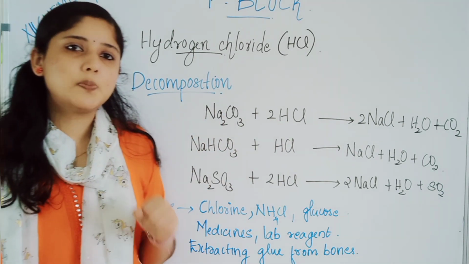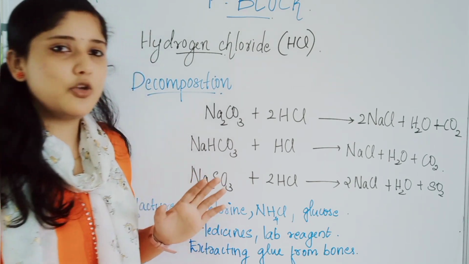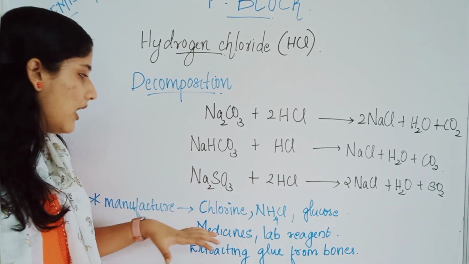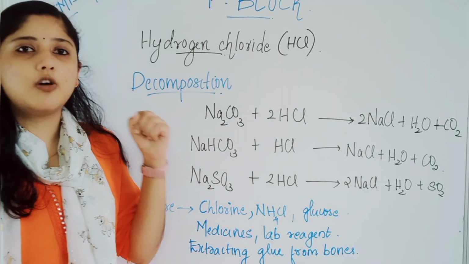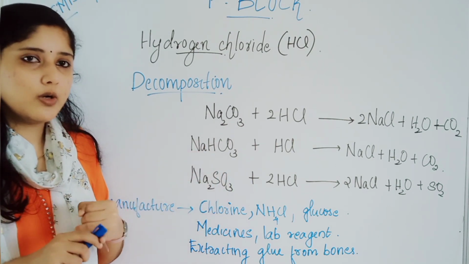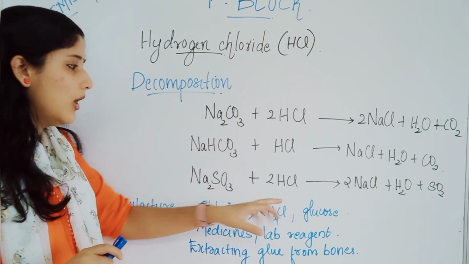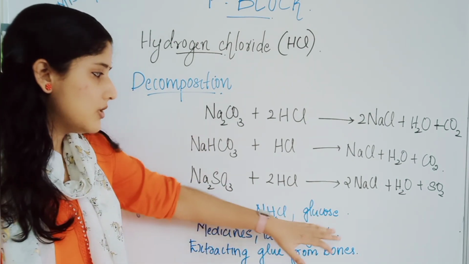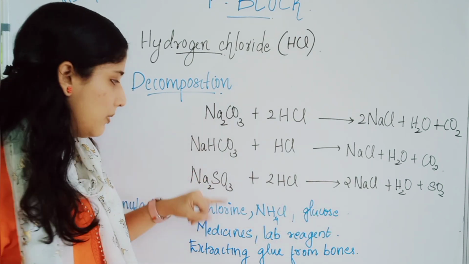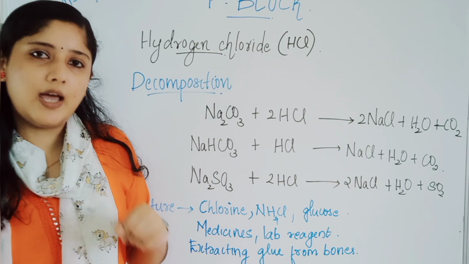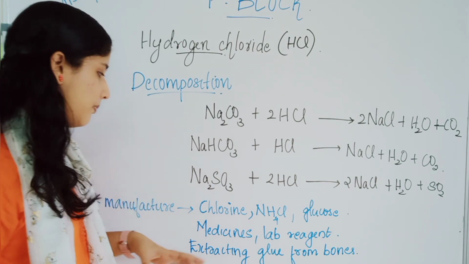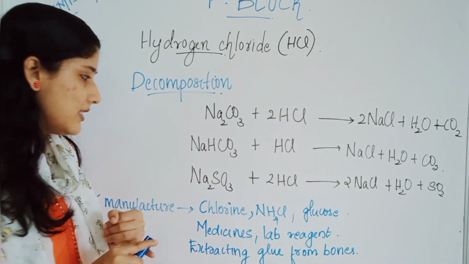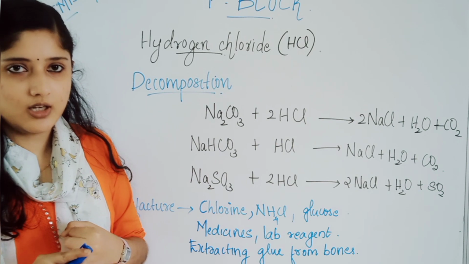Next, moving to the last part of hydrogen chloride, the uses of HCl. Already I told you it's used as a bleaching agent. The other uses are the manufacturing of chlorine and ammonium chloride, and also in the preparation of glucose. In one of the steps for the preparation of glucose, they are using HCl. Next, in medicines, hydrogen chloride is used in the preparation of medicines and also as a laboratory reagent.